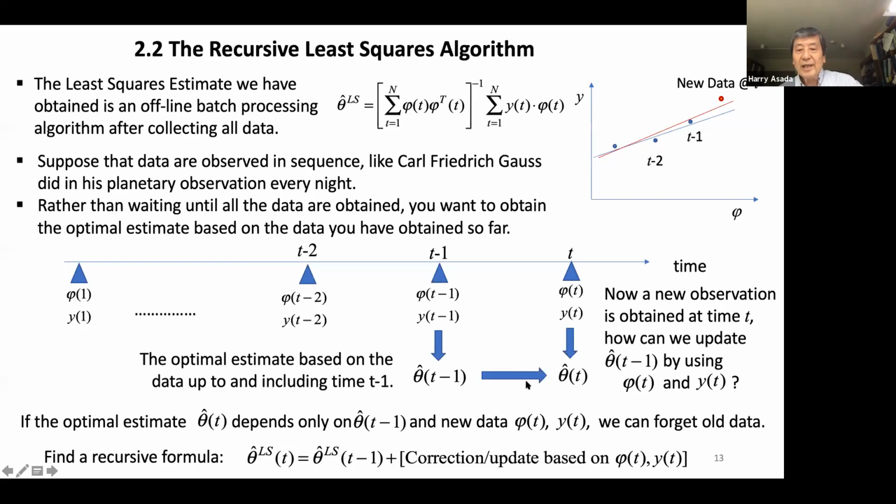Based on this, how can we update or correct this estimate to the new estimate, theta hat t? Do I need to solve the entire problem from scratch, or is there a smarter way, such as using the previous best estimate and adding a correction term, or update term, based on phi t and yt? This is what we would like to do, and this is the second half.